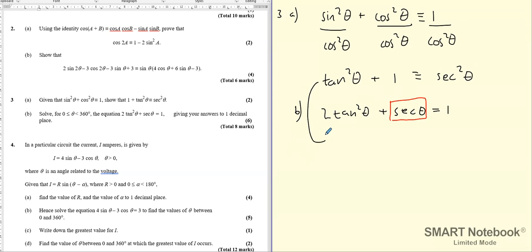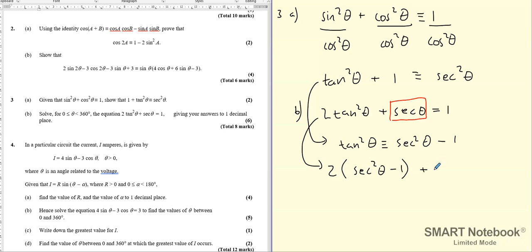If from this identity I make tan squared theta the subject, we get sec squared theta minus 1. So now I can replace this tan squared theta with 2 open brackets sec squared theta minus 1, plus sec theta equals 1.